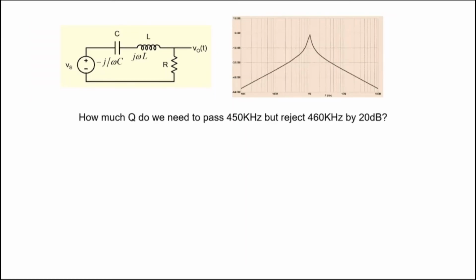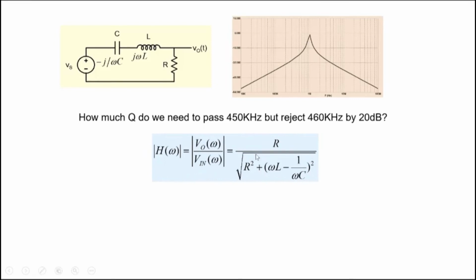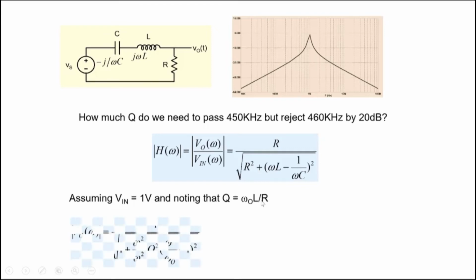Okay, so coming back to our problem of radio channels, we wanted to receive 450 kilohertz, but we wanted to reject 460 kilohertz by 20 dB here. And so this is the transfer function, and we are using the LCR circuit as a band pass filter here. And so basically, let's say the input is 1 volt, Q is omega naught L by R, we have seen here.